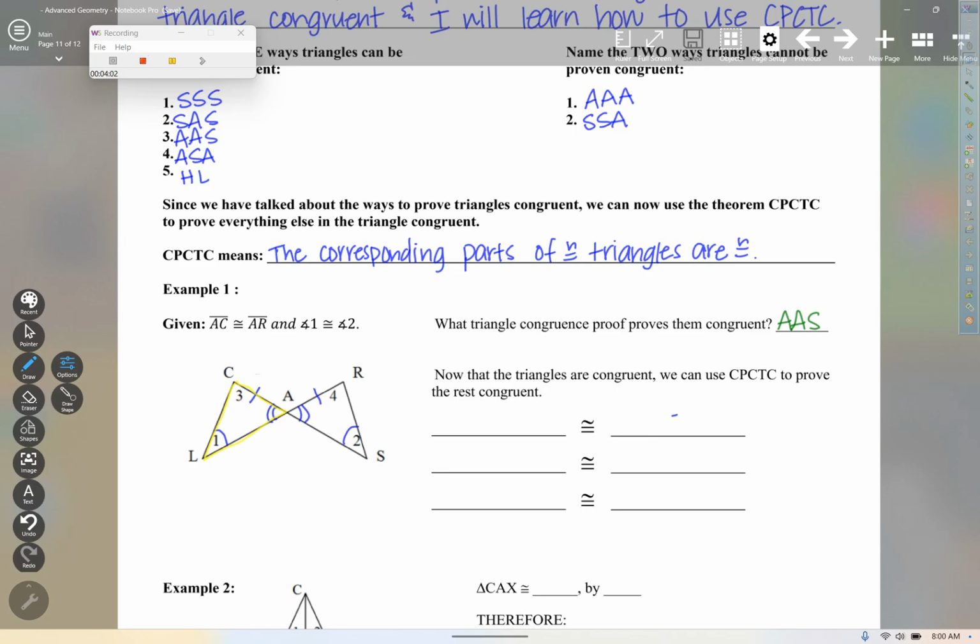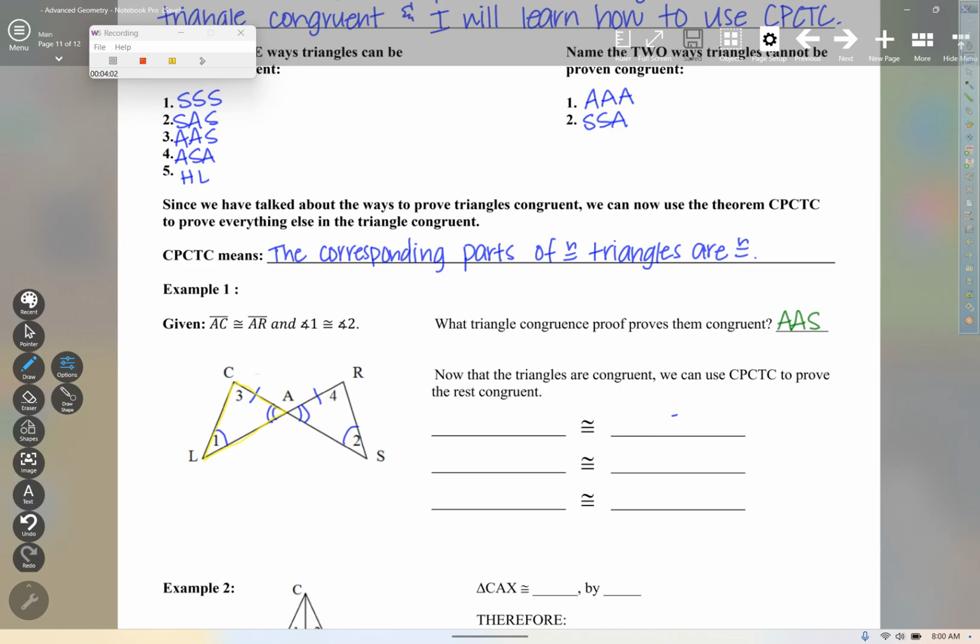There's another segment that's not marked. Segment LA can also be corresponding to segment SA. Okay, so then we write that one. Segment LA is congruent to segment SA. And then I have one angle that's not marked yet, which is angle 3. And what's angle 3's corresponding angle?